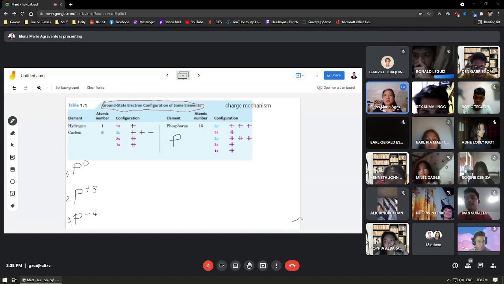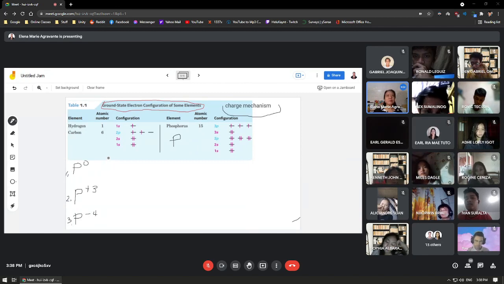So let's have the charge mechanism first, guys. In neutral P, how many protons do you have? 15. Okay, very good. 15 protons.